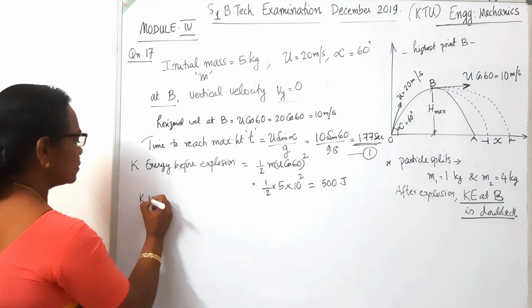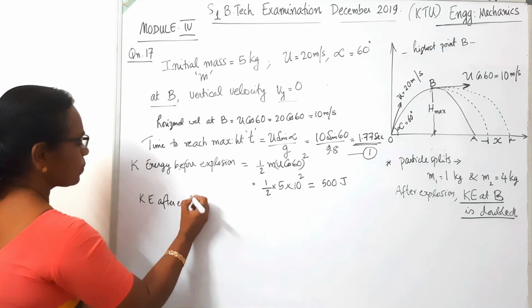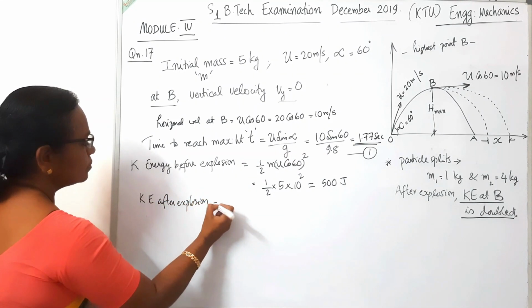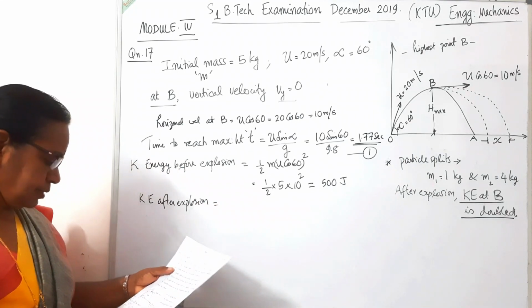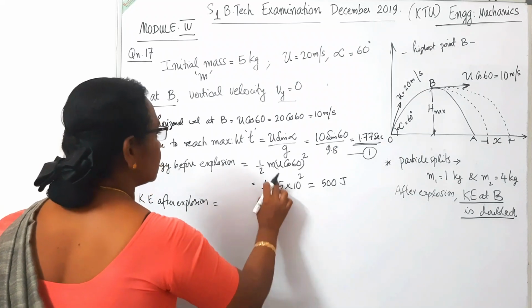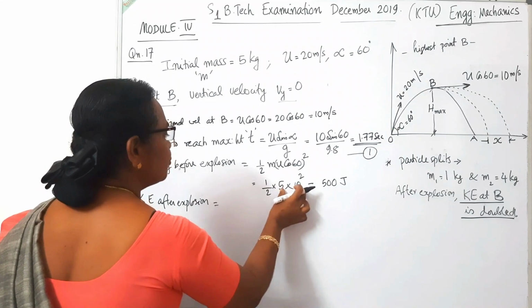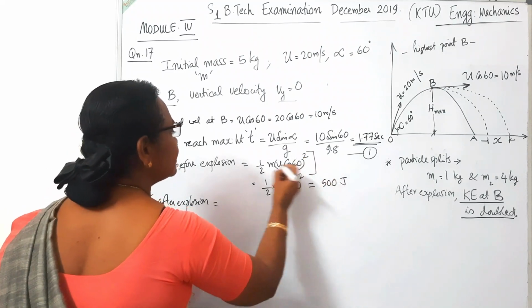After explosion, kinetic energy is equal to half m v square. This works out to 250, but it is said that it is doubled.